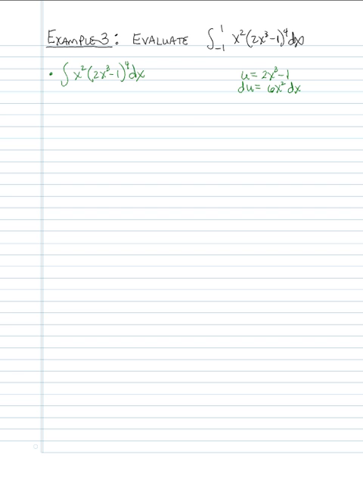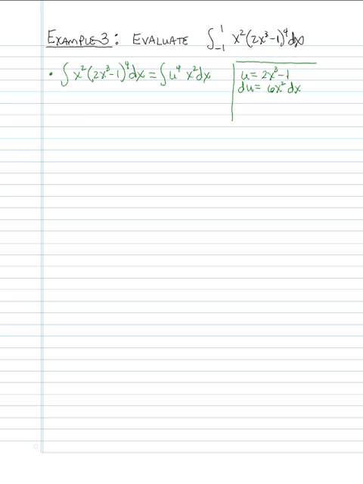Now, as we go back to our original indefinite integral, which is over here in our notes, and make the substitution, you see we have a u to the 4th. That's the 2x cubed minus 1 to the 4th. And what we have left over is that x squared and that dx. We need to get a du entered here.